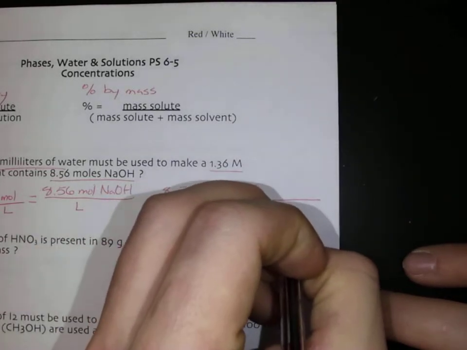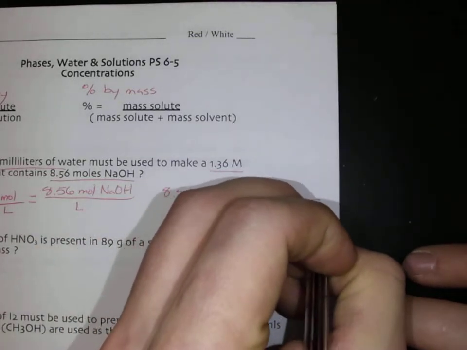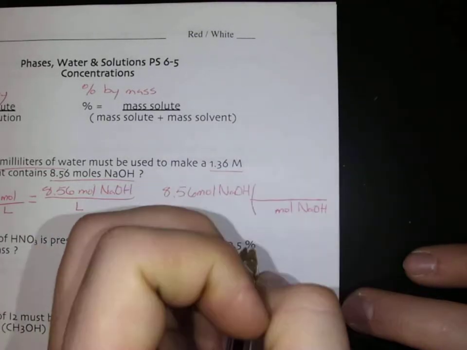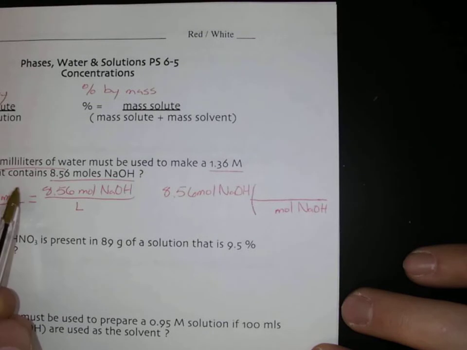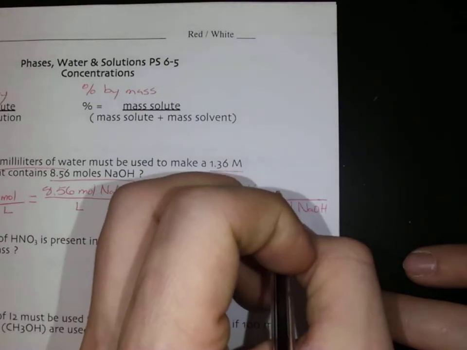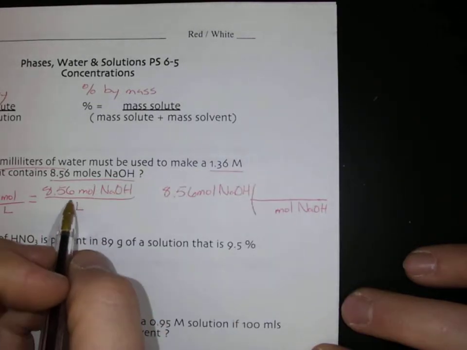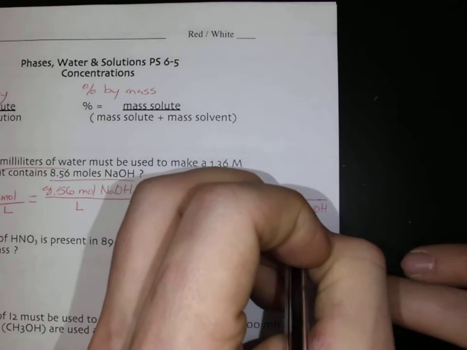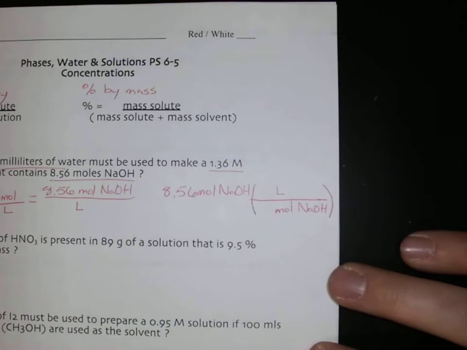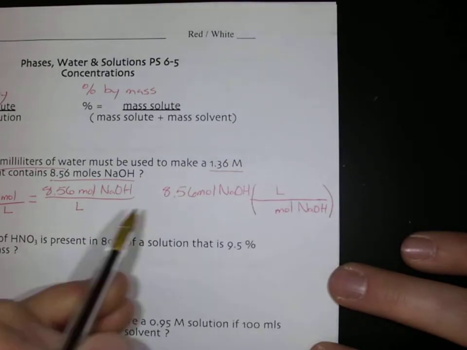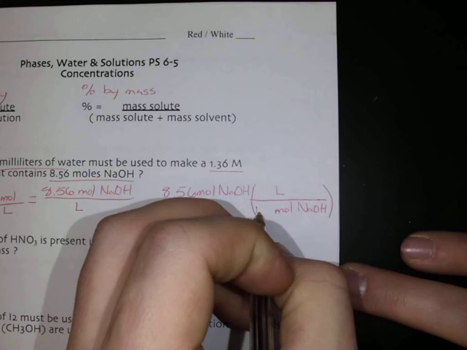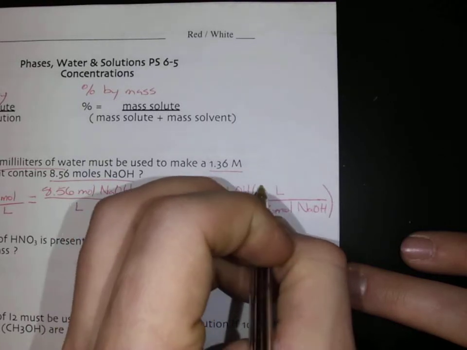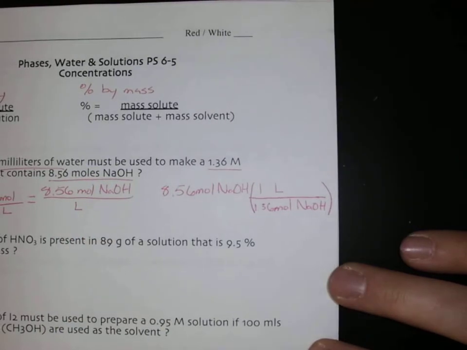So I'm going to put moles of NaOH on the bottom, which means that if I'm going to use my molarity here, I want to get to my liters, right, or milliliters here. Well, moles per liter, right, I'm going to put my 1.36 on the bottom, 1 liter on top. And that's going to get me to liters right away, right?